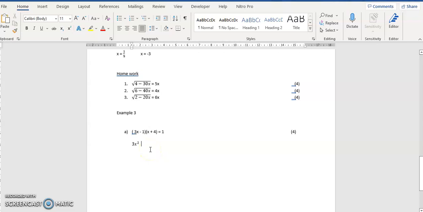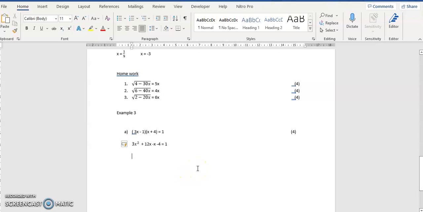So I'm going to write my plus 12x. Then minus 1 times x, what is it going to give us? Minus x. Good. Minus 1 times 4, what is it going to give us? Minus 4. And it's equal to what? 1. Perfect.